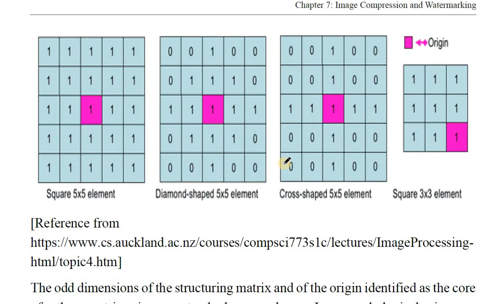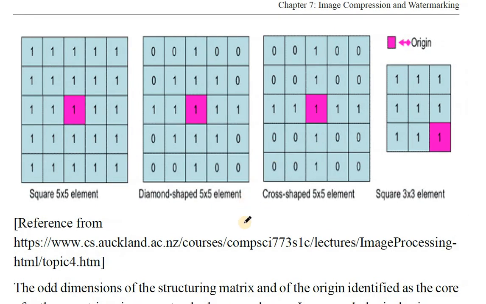If you see different structuring elements, I told you na, structuring elements can have different sizes and different shapes, and not all structuring elements need to be all ones, correct? So you can see in the first 3 structuring elements there are zeros also. Now, every structuring element can have its origin. It can be one of the pixels in the structuring element, or it can be outside the structuring element. So here, wherever you see a pink color pixel, that is considered as the origin.